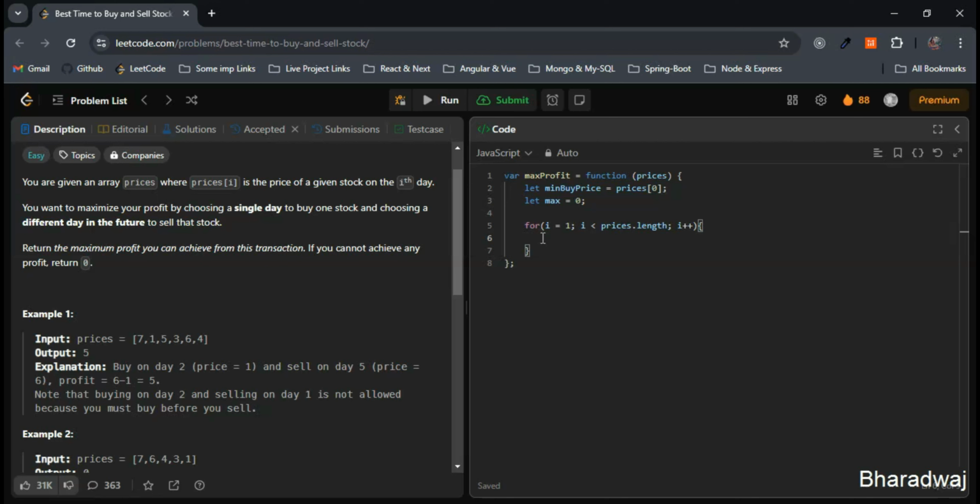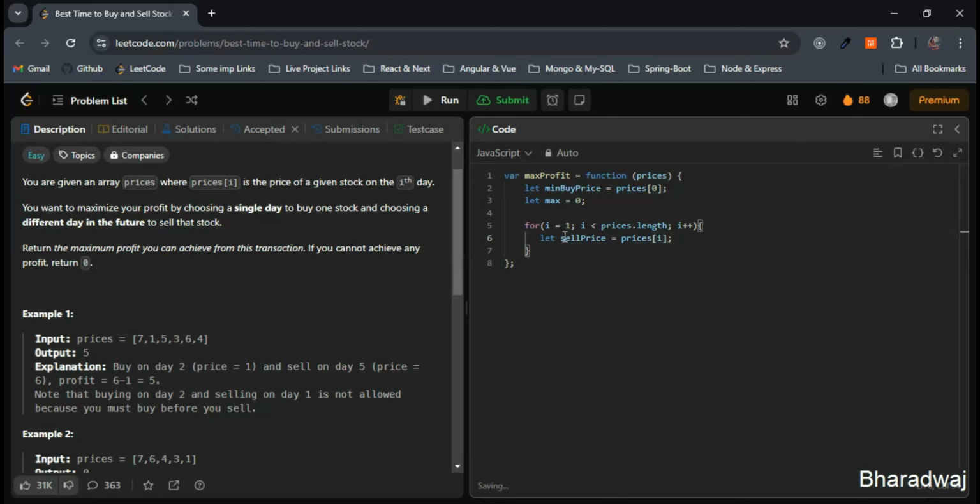Now the current selling price is the price at the index i. I'll write let sellPrice equals prices[i].